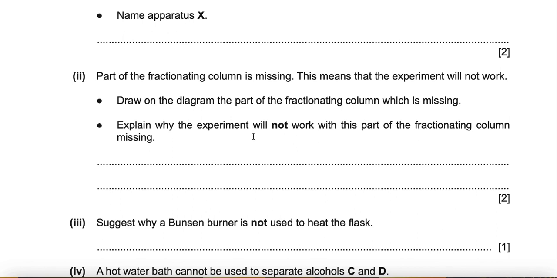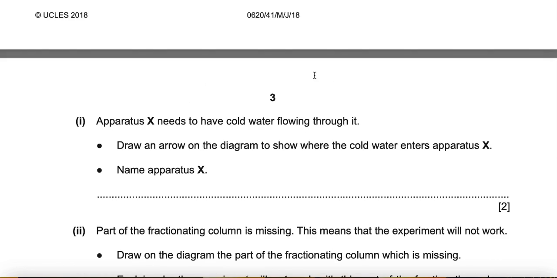Okay? Now, one thing that is missing is the stopper. The stopper is missing, right? So we have to include that. Let's see the diagram again.